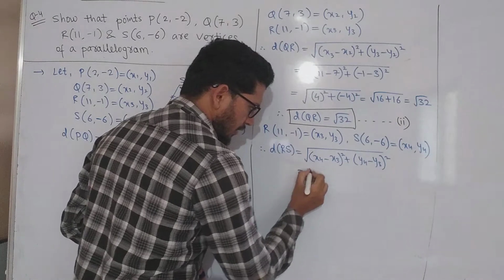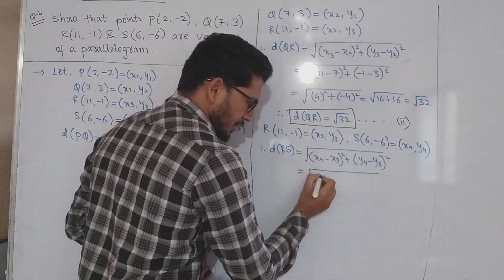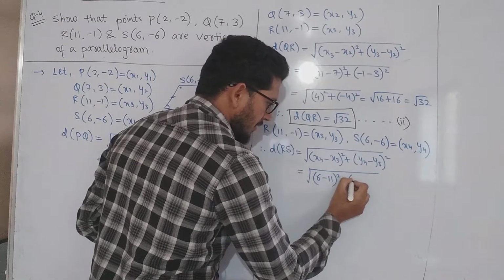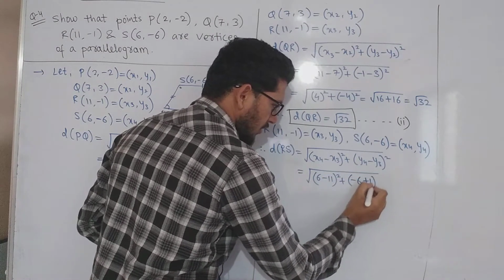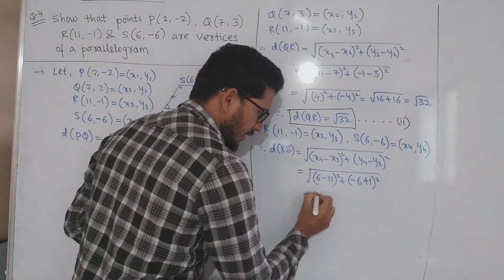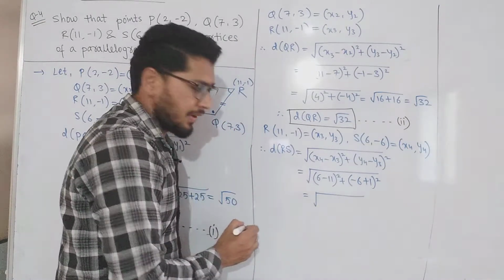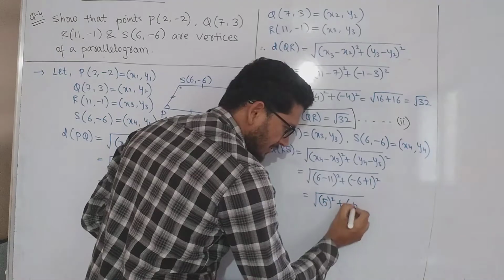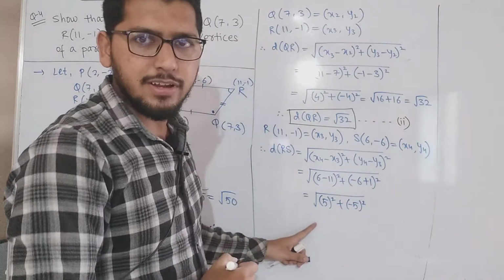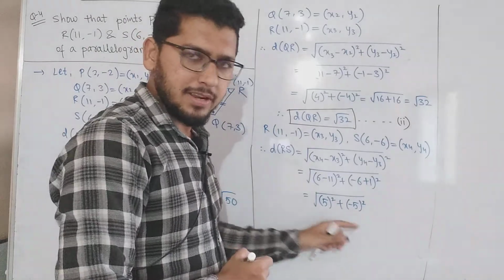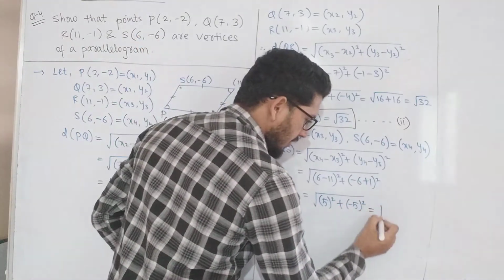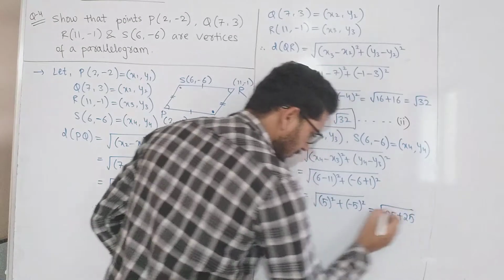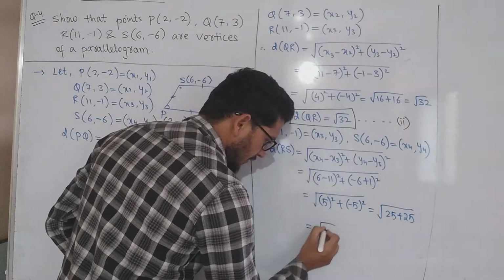So under root of x4 minus x3 means 6 minus 11 whole square plus -6 minus of -1, that is plus 1, whole square. 6 minus 11 is -5 square, then -6 plus 1 is again -5 square. Value of 5 square is 25 and -5 square is again 25. So this will be under root of 25 plus 25, and 25 plus 25 is root 50 unit.